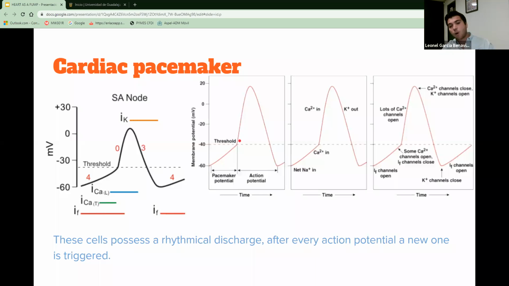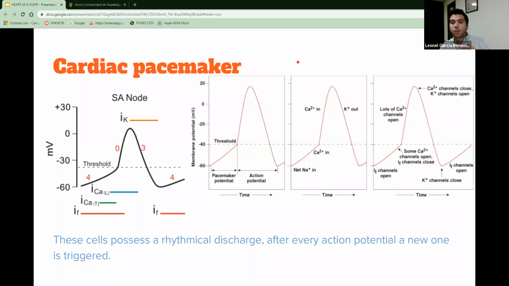These calcium channels are going to cause depolarization. The action potential is going to go positive to 20. And then instead of a plateau, potassium just goes out. Here we don't have that much sodium, like in the action potential of the rest of the cells. Here we just have calcium and potassium. So calcium enters through slow channels and fast channels.